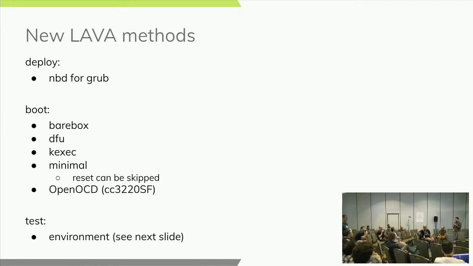But technically, that's already possible because in the device dictionary, you can specify the commands that will ask U-boot to go into DFU, and it's a list of commands that Lava will send. So you can send as a first command the setting of the serial number, and then just DFU. Changing the device dictionary, you can do that if you want.